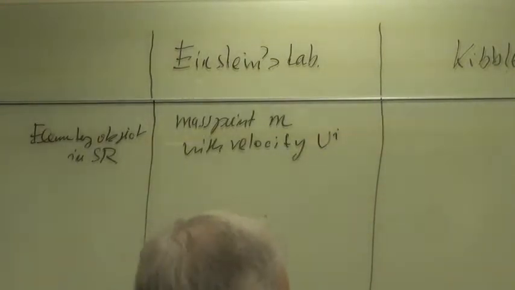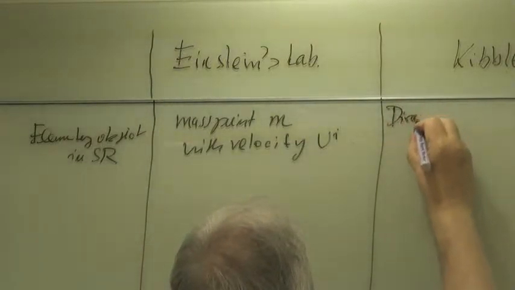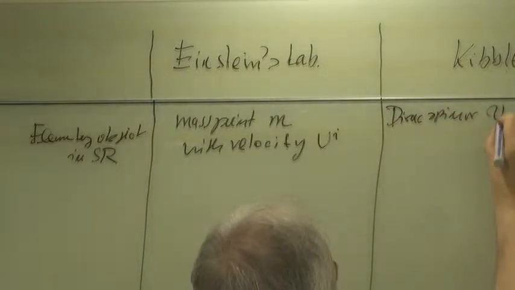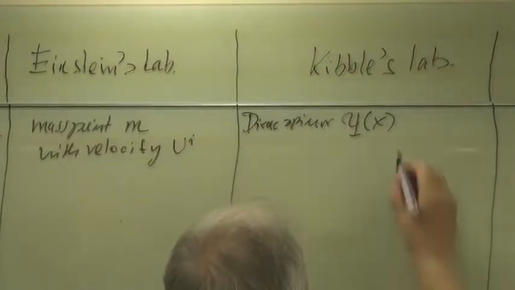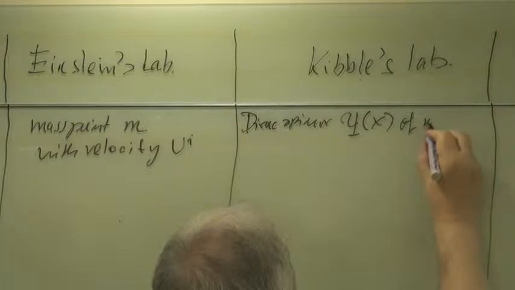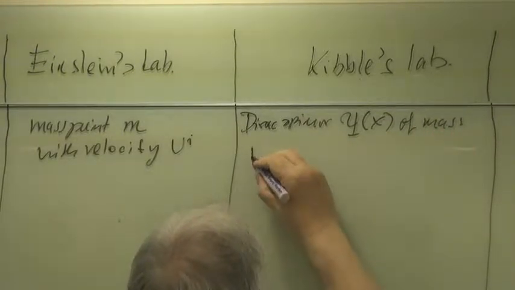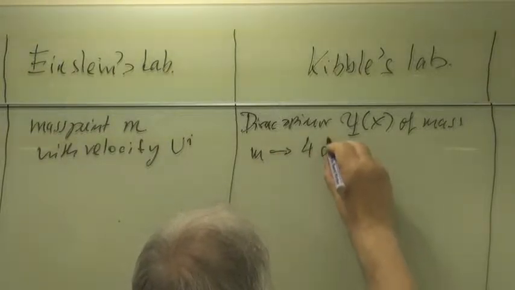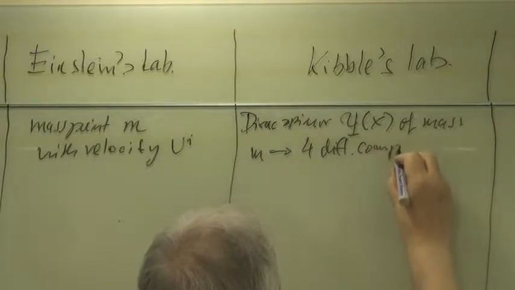In Kibble's laboratory, we have a Dirac spinor, psi of x, of mass m, and it has 4 different components, as you know.